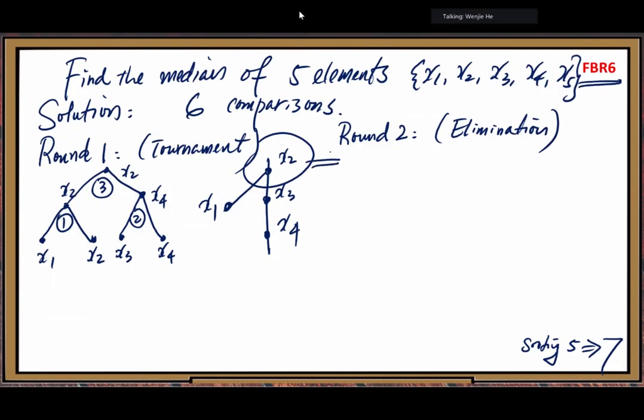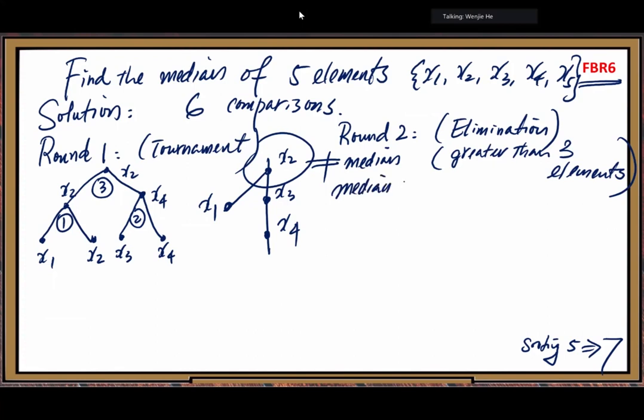The median of 5 equals either the third largest or the third smallest.